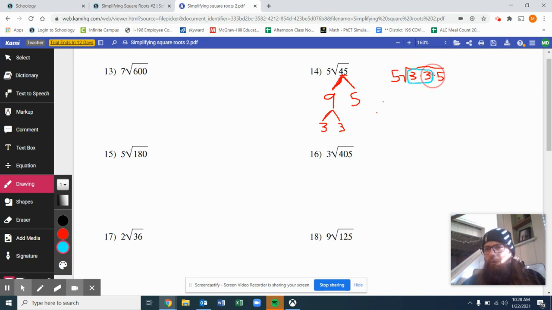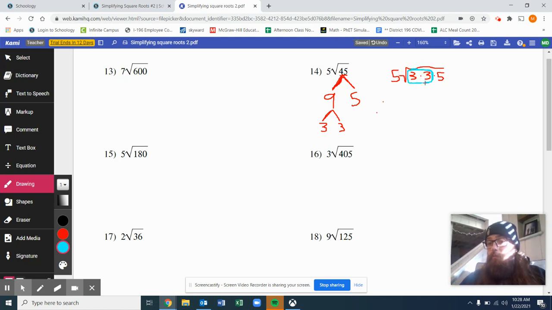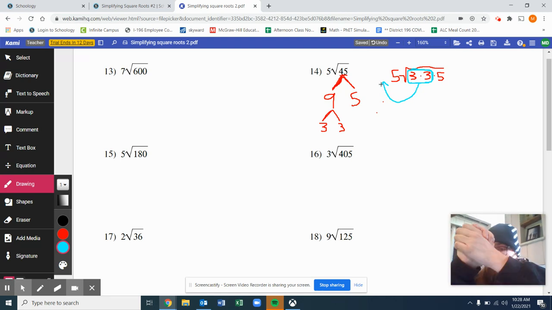So I'm going to circle them. Now listen carefully, you might need to listen to this part multiple times. When I circle this group of 3's, they get to leave. These 3's get to leave, but when they come outside of the radical, they join together to create just a singular 3.